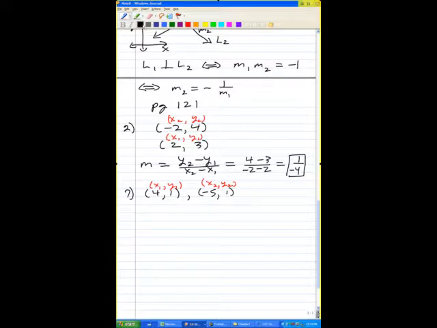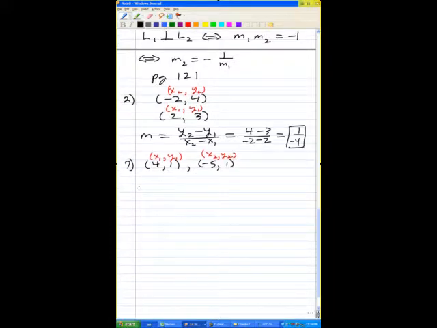Okay, and so the slope, y2 minus y1 over x2 minus x1. So y2, 1, minus y1, 1, over x2, negative 5, minus x1, 4. 0 over negative 9.